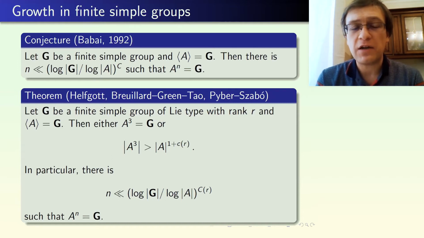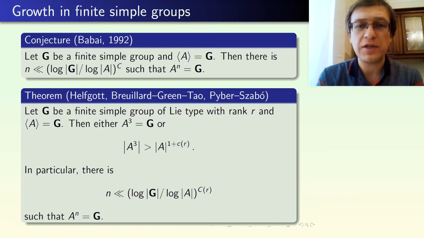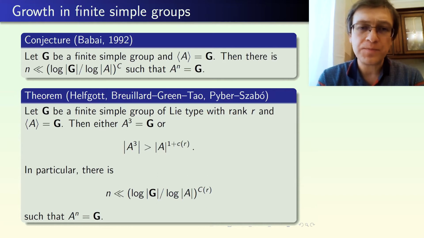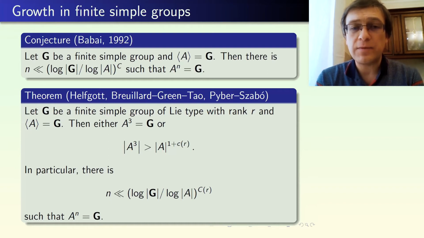It was Harald Helfgott who proved the first serious result in this direction. He proved Babai's conjecture in SL2, and after that, other mathematicians like Breuillard, Green, Tao, Pyber, and Szabó generalized his method, and more or less they proved that Babai's conjecture holds for any finite simple group of Lie type.